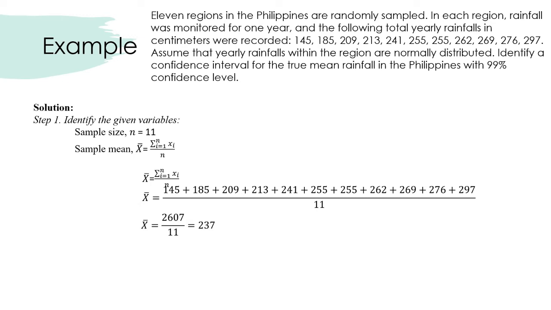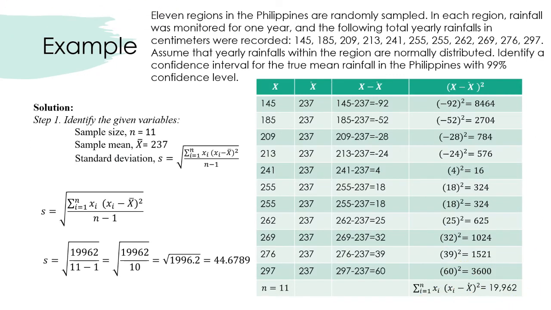Let's simplify it. We will now have 2,607 divided by 11. And dividing it, we will now have a value of our x bar that is 237. So we now have our sample mean, that is our x bar, that is 237.